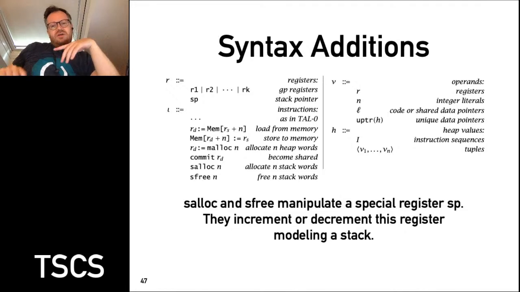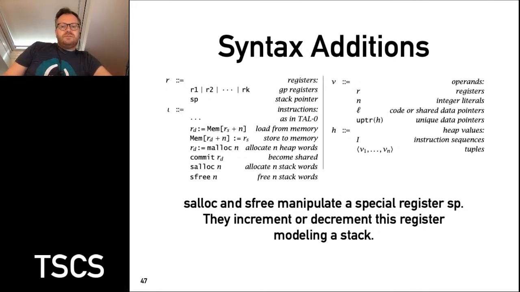The syntax additions are like this. You basically have the same thing as in TAL0, and you do have a little bit more. You have load and store instructions: the RD equals mem instruction and the mem equals RD instruction. Always look that you have a source register and an offset, so you can do a little bit of pointer arithmetic here.